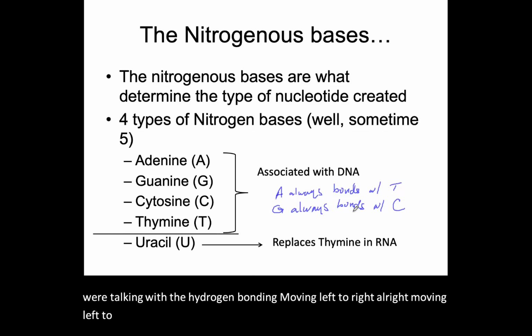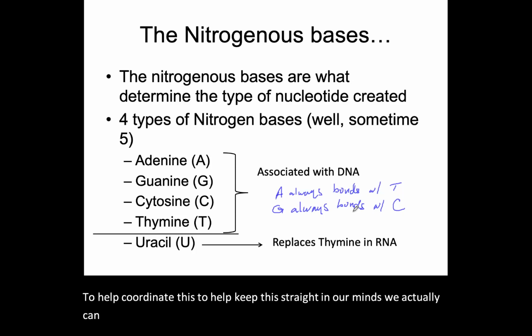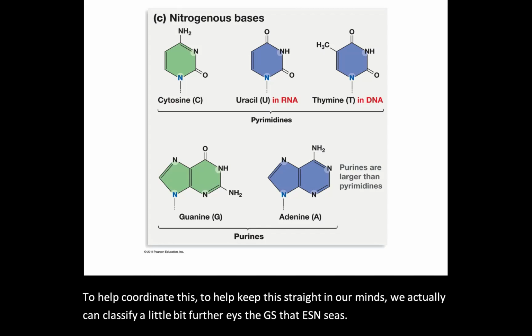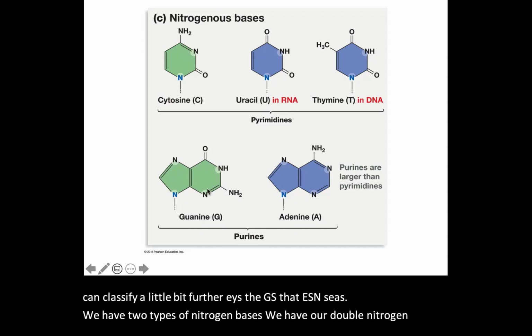And to help keep this straight in our minds, we can classify the A's, the G's, the T's, and the C's a little bit further. We have two types of nitrogen bases. We have our double nitrogen ring structures, like what you see down here.